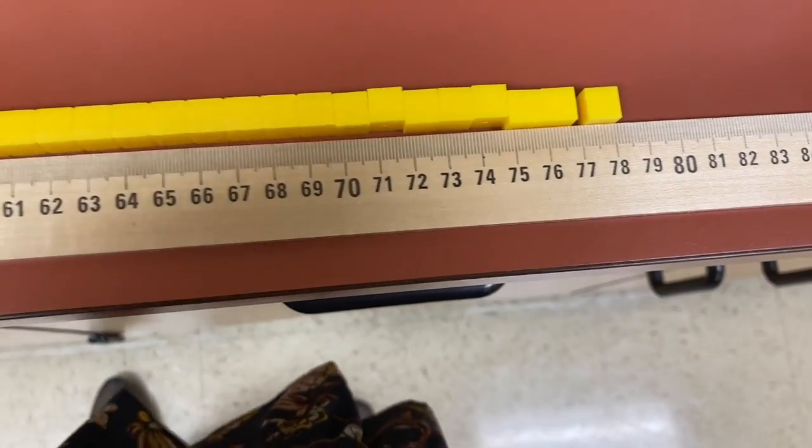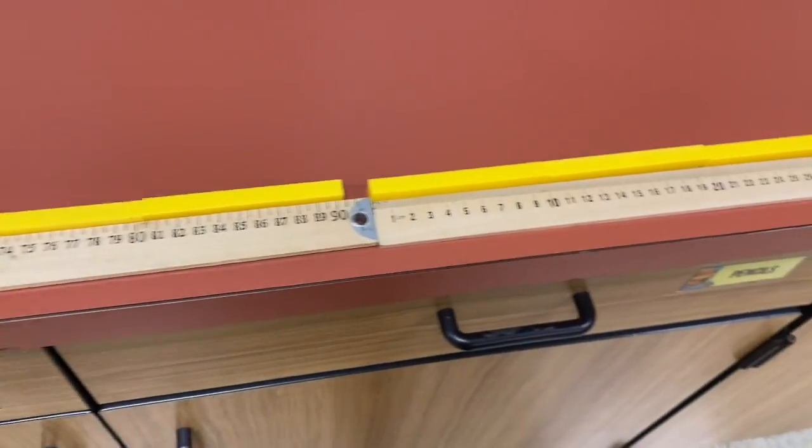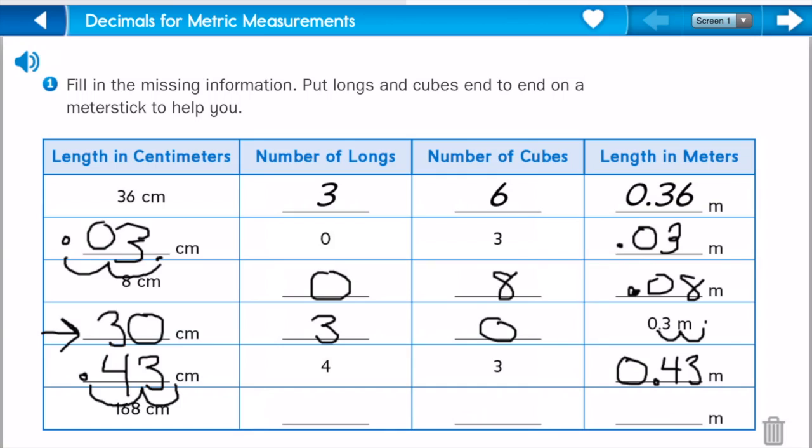So to get to 168 centimeters, we need 16 logs and 8 little cubes. 168 centimeters that they gave us, it took us 16 logs and 8 cubes to equal that.